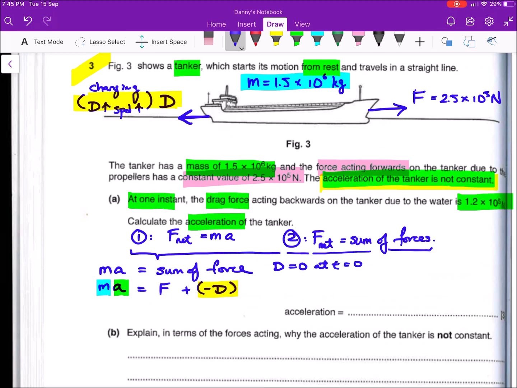And as time increases, you will notice that the tanker will speed up, and because it speeds up, your drag force will also rise.